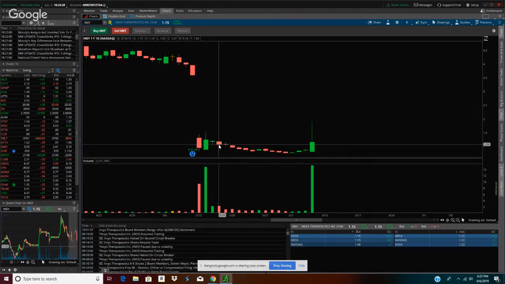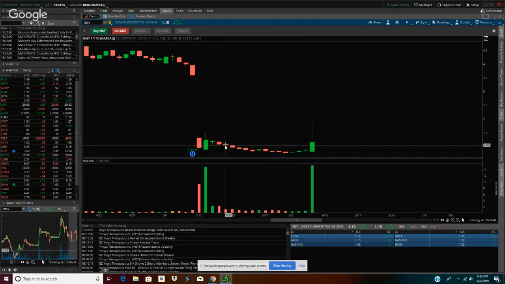This candlestick here, the low of that day was $1.02. Now, let's say this is just the bottom, and we're looking to put in a green day here. The very next day, the low is $1.02 again.